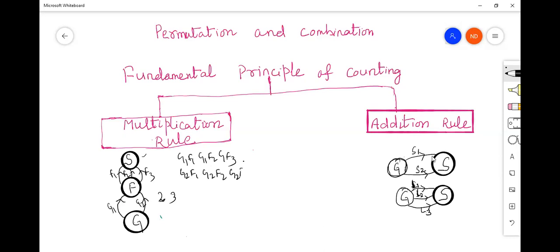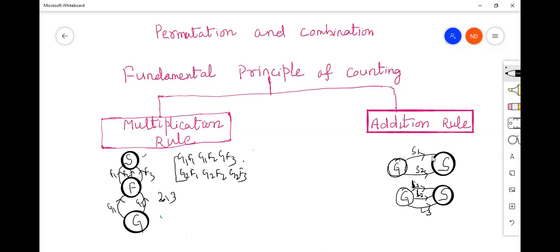That means all possible ways is 6, right? 6 ways you can reach from the ground floor to the second floor. Or we can say from the ground floor to the first floor, 2 ways, and from the first floor to the second floor, 3 ways.